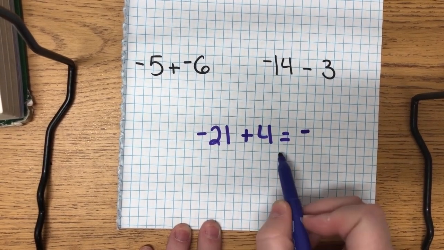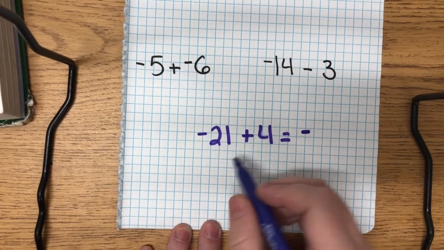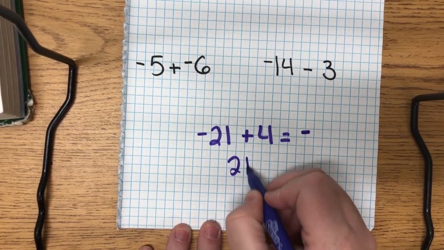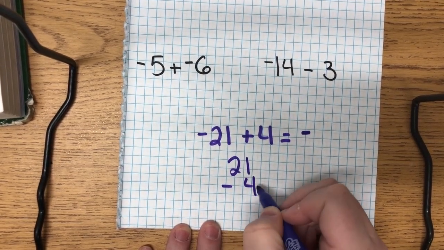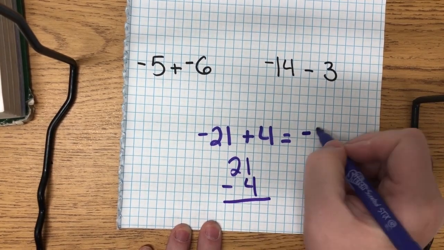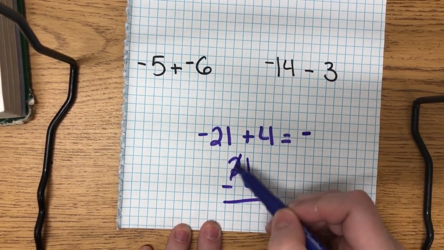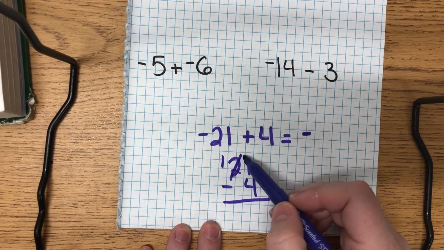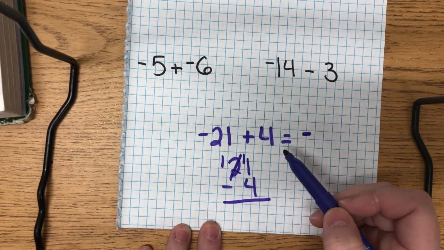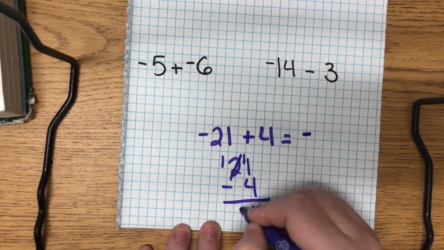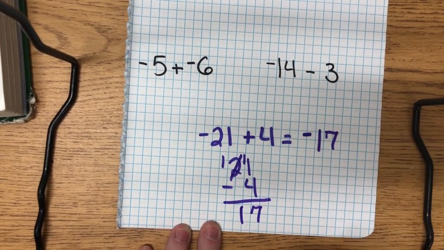Now, this whole situation is like me saying 21 minus 4, but I have a negative. So 21 minus 4 gives you 17. So it's -17.